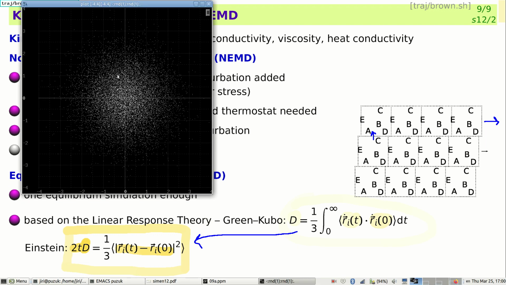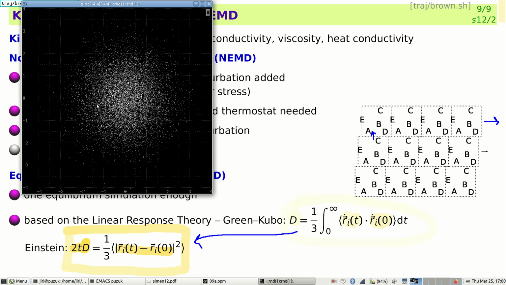And the statistics looks like this. So this is, let us say, perhaps 1000 times, and I get different points here. So I must do statistics, and in fact the formula which is below tells me that the size of this cloud of points, how the particle traveled within time, is connected to the diffusivity. So this is the principle.